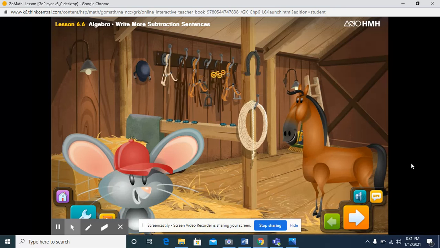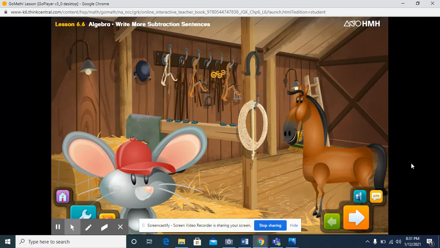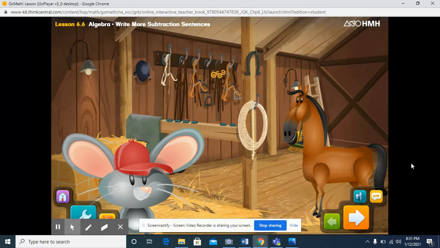Henry asked, how many beetles are left? I wonder how I can figure out how many beetles are left. Come on, let's learn more about solving subtraction word problems.